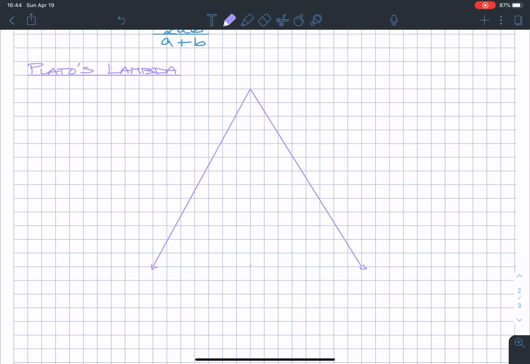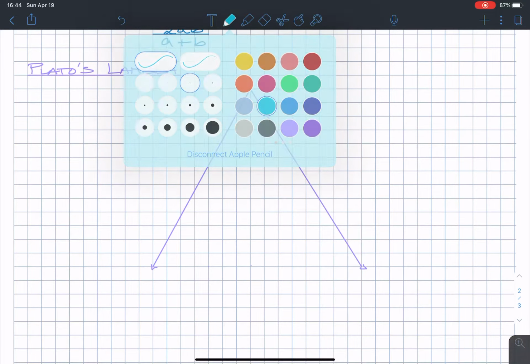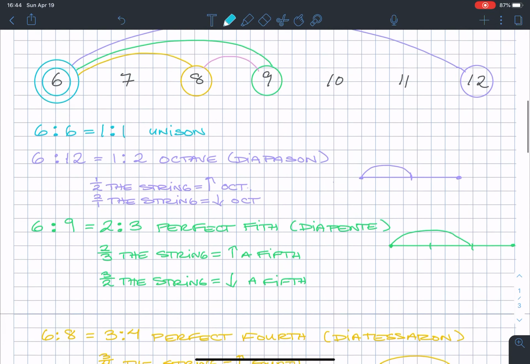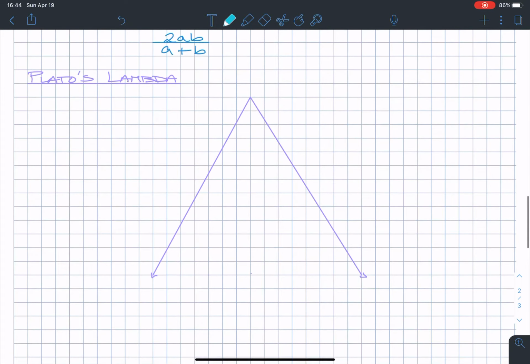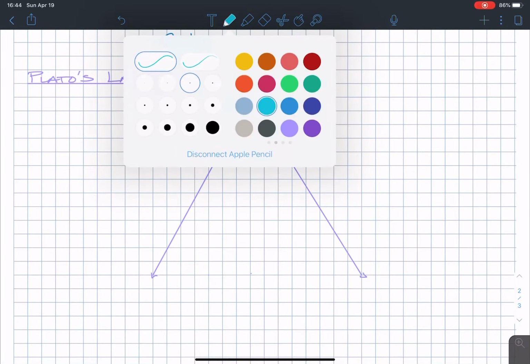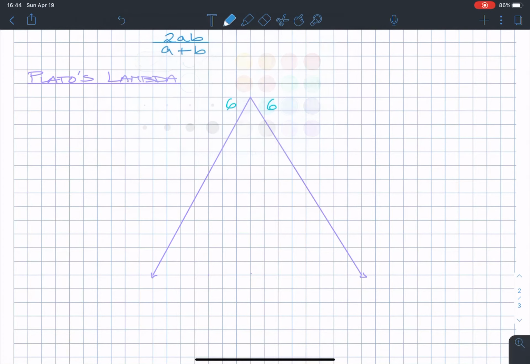But what we do is like we did with the octave. What color did I start with? Blue. So I'm going to have a 6 up here and a 6 up here. Now I'm going to go up an octave from 6. If I go up an octave from 6, do you agree I get 12?